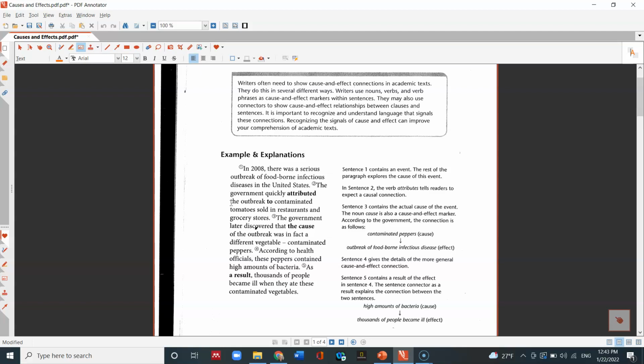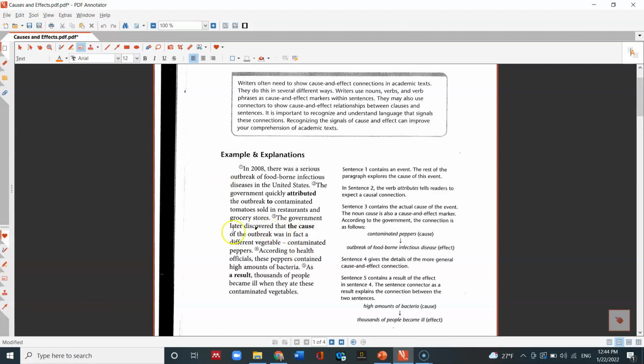For example, I could say I attribute my success in life to my parents. That means my parents are the cause and the result is my success. In this case, they attributed it to tomatoes. So they said that tomatoes were the reason for this illness.